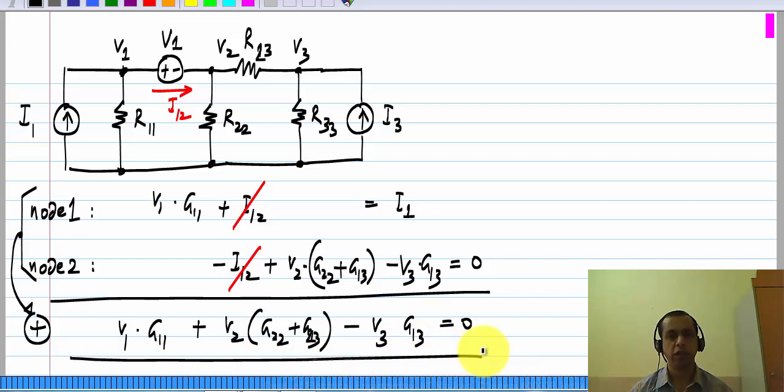Okay. So we have combined the equations for nodes 1 and 2 into a single equation, and we don't have this problem of the unknown current in the voltage source.